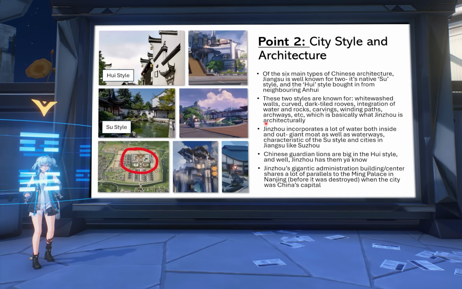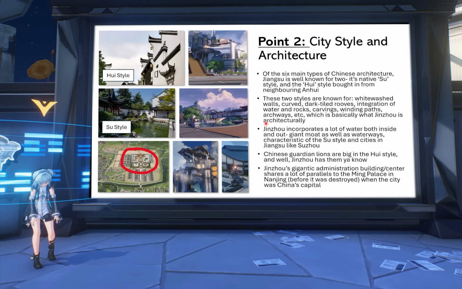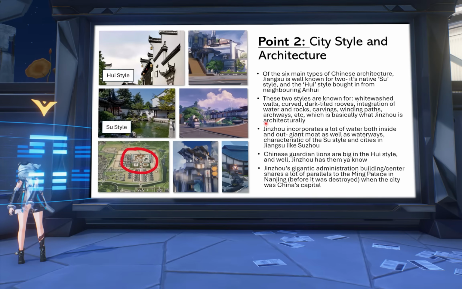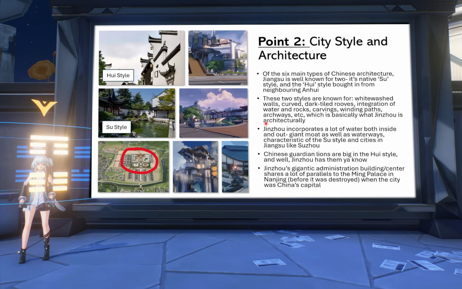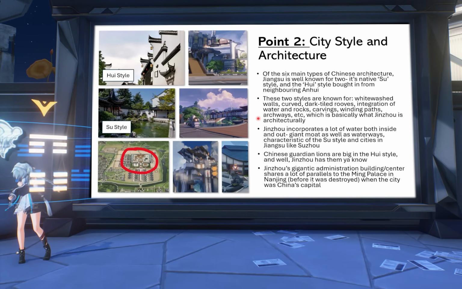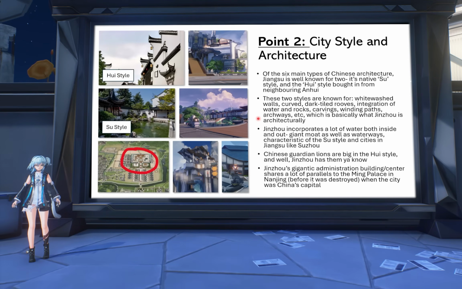The second point that I want to talk about is the architecture and the city style of Jingzhou, because besides the defensive considerations, a lot of Jingzhou's architecture is very reminiscent of the architecture in Jiangsu, right? Within Chinese architecture, this is a very generalized way of looking at it, but there are generally 6 styles, right?